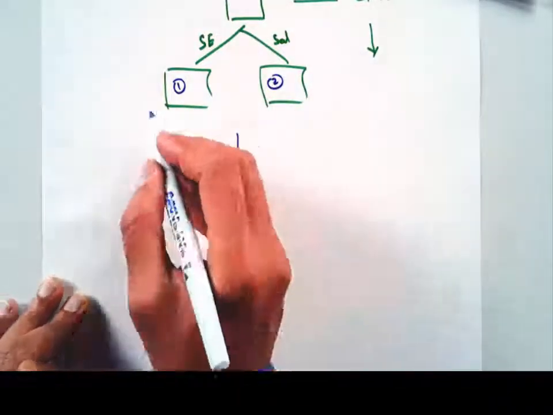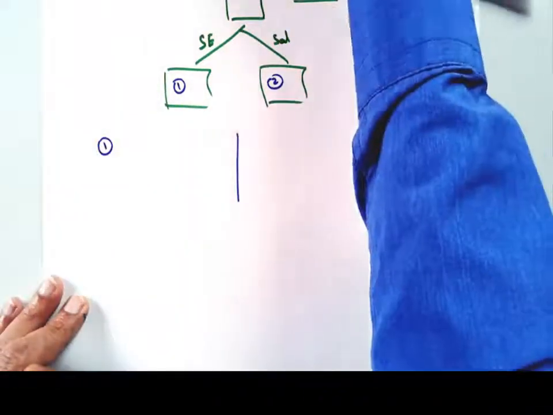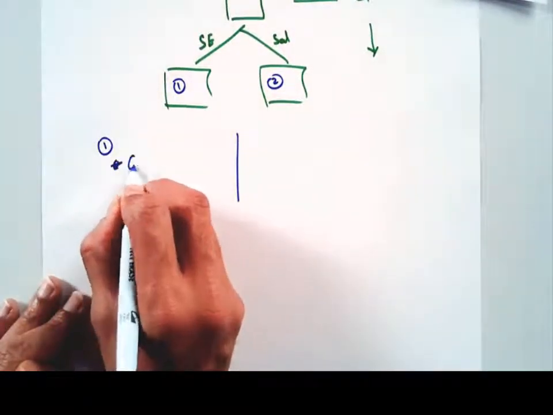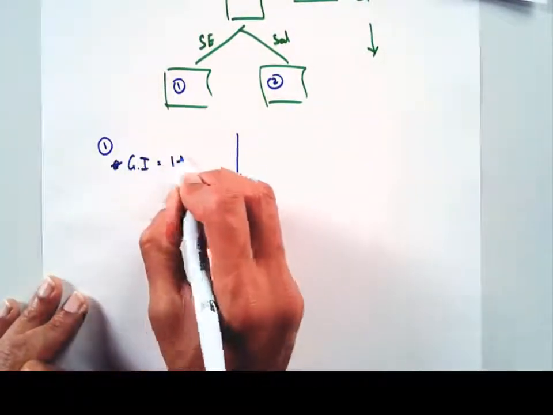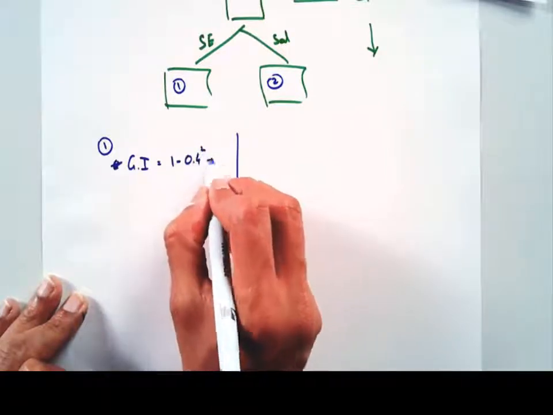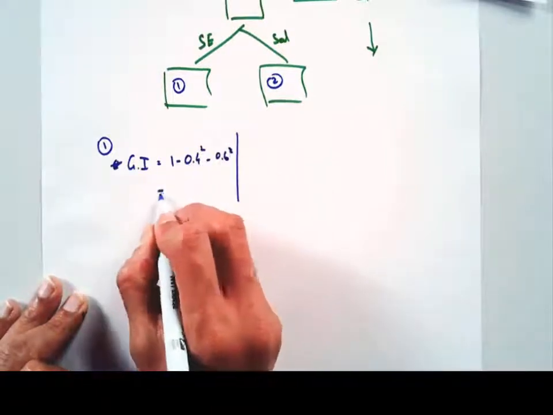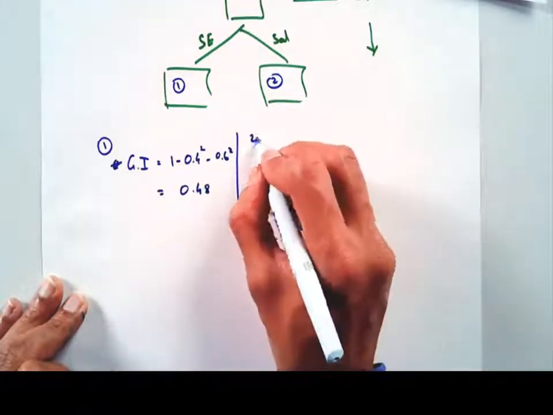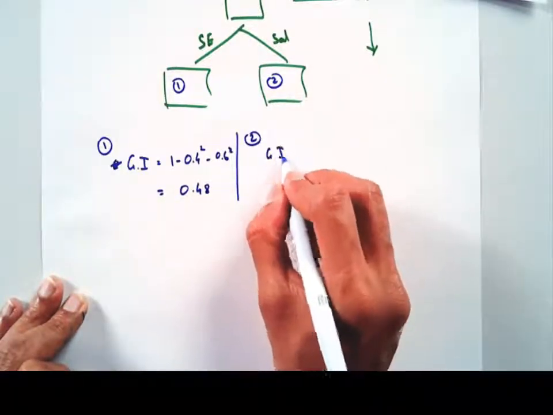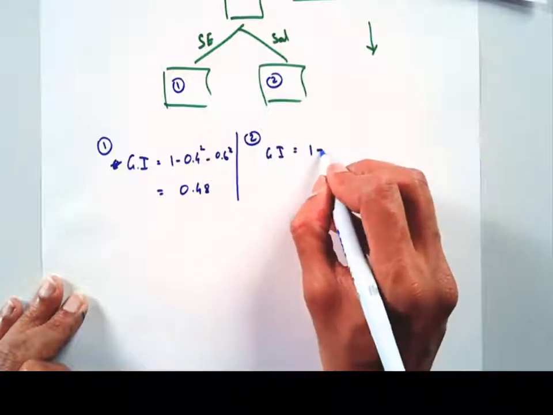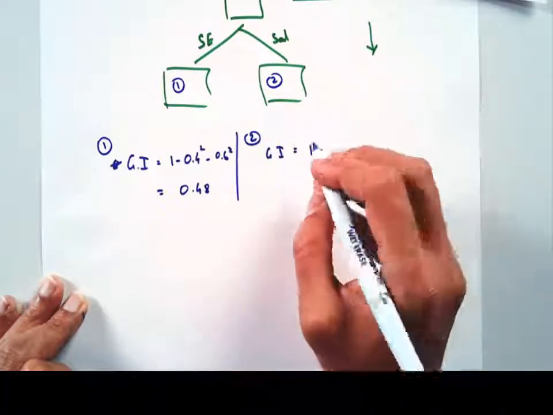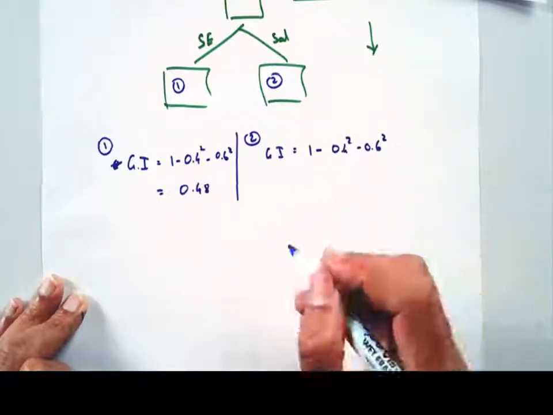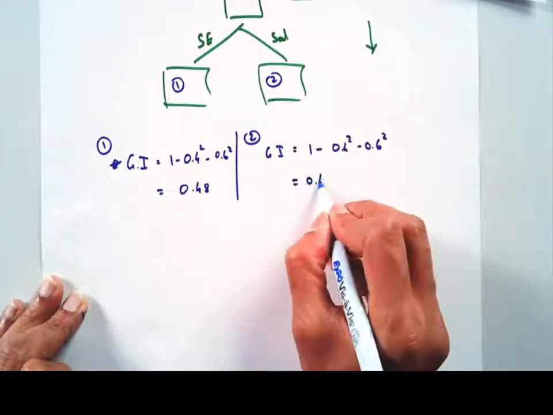For this one group here, amongst the self-employed, I'm going to have a Gini index of 1 minus 0.4 square minus 0.6 square, and that will give me something like 0.48. And in 2 also, I'll end up having a Gini index of 1 minus 0.4 square minus 0.6 square. The proportions are exactly the same. So that's going to give me 0.48.